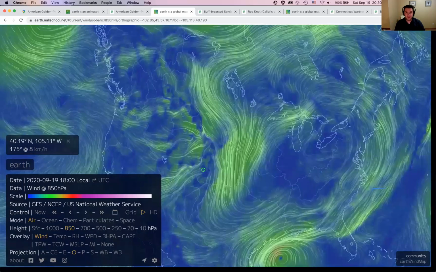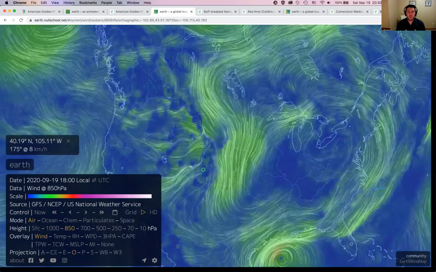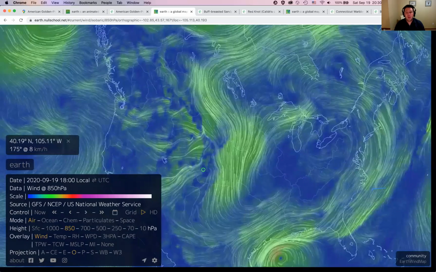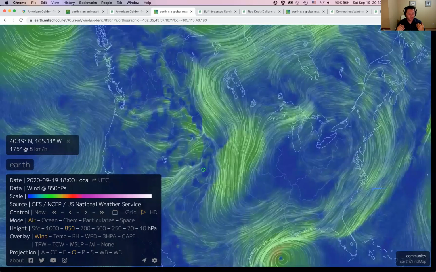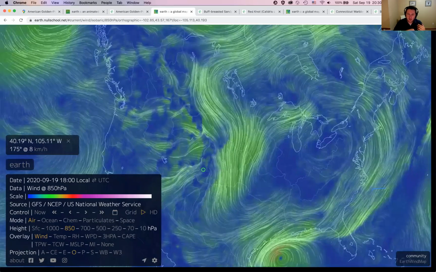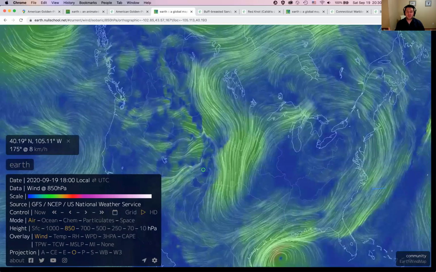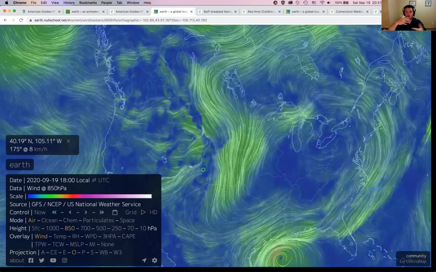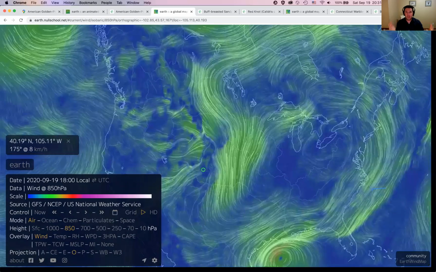This is model data. So this is from the Global Forecast System model, the GFS model. It is from NCEP, which I think Diana has listed down here as well. It is the National Weather Service's global scale model. That's the reason you can move this whole globe around and go look anywhere you want.